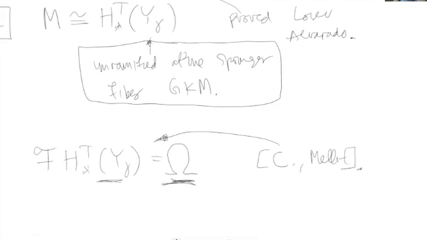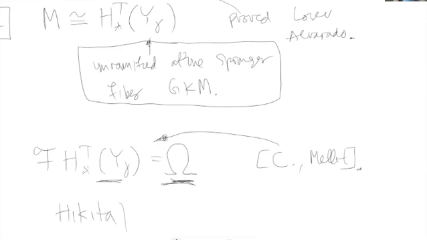This is in the same way that, for instance, if you look at formulas of the type that Hikita looked at, in which you can interpret DINV type sums in the subject as a kind of graded count of Schubert varieties in a certain affine Springer fiber.